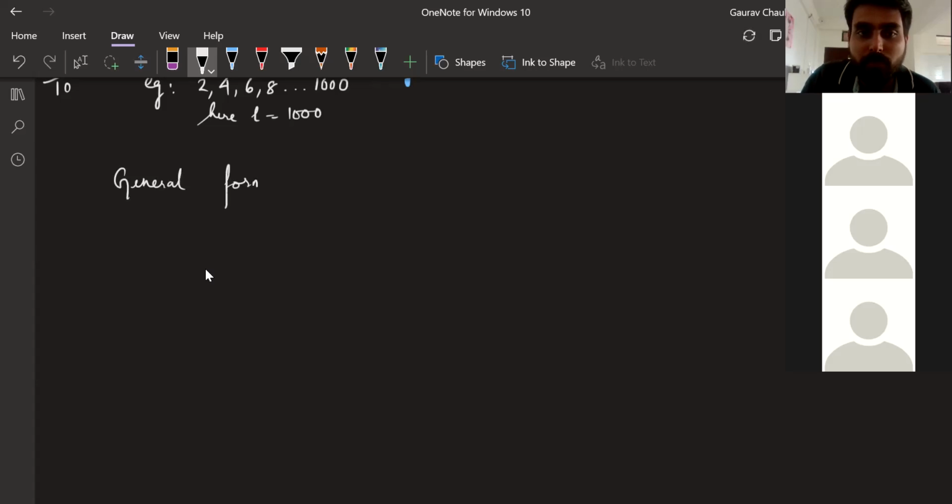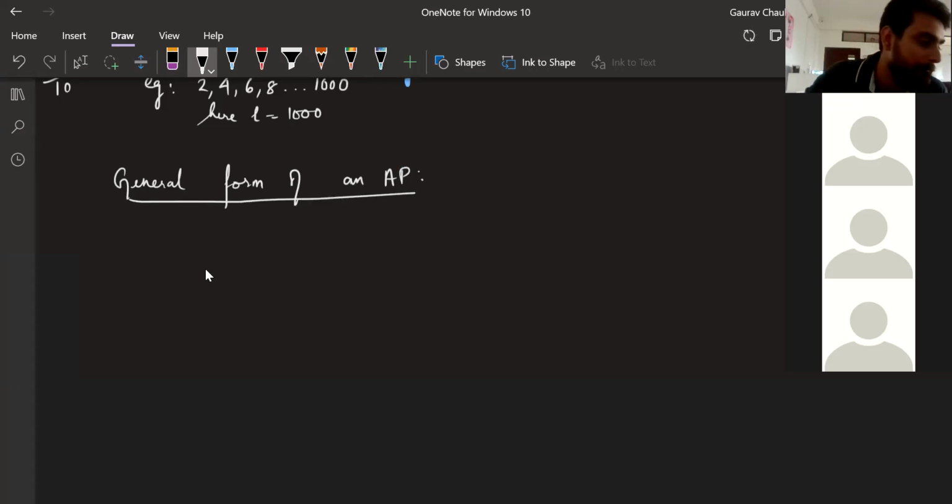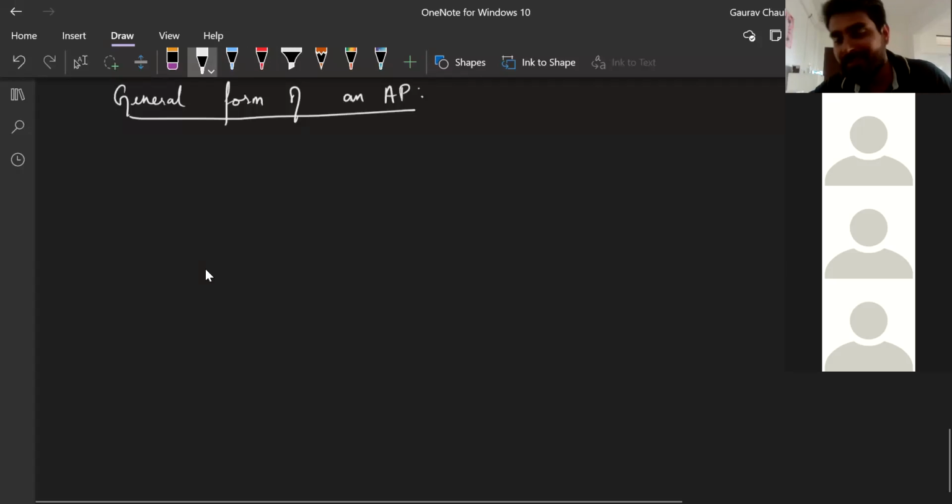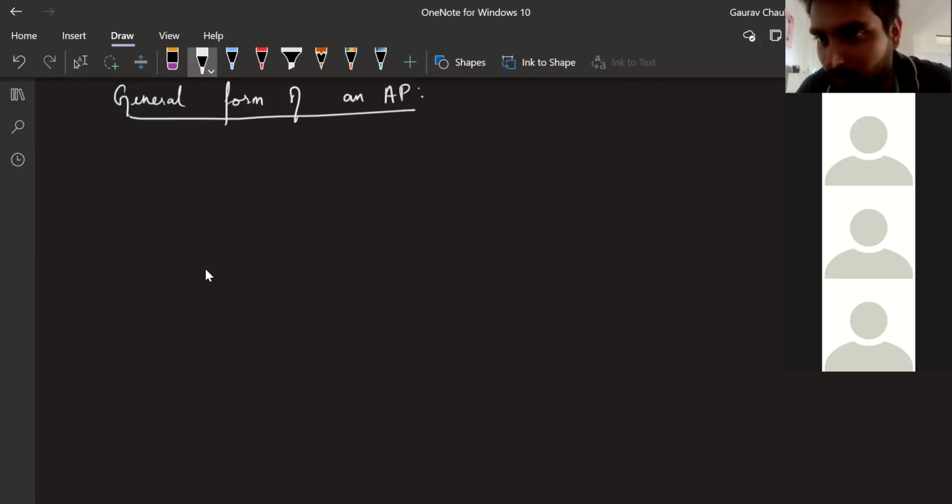General form of an AP, side heading. Now, what is the general form? Let's look at this for a minute. The first term, how do we write it in variables?